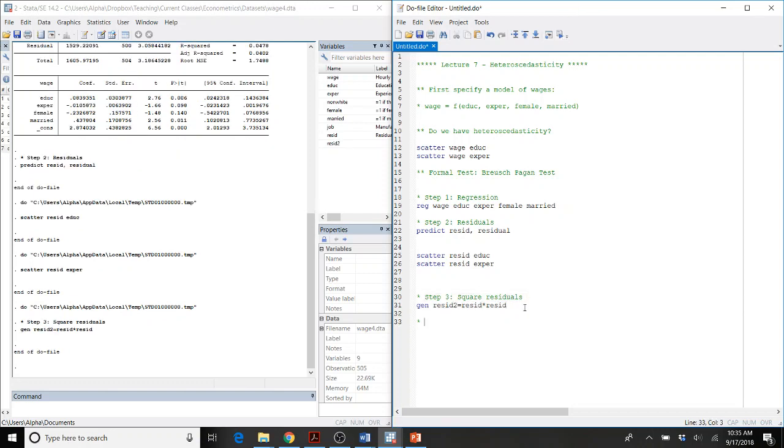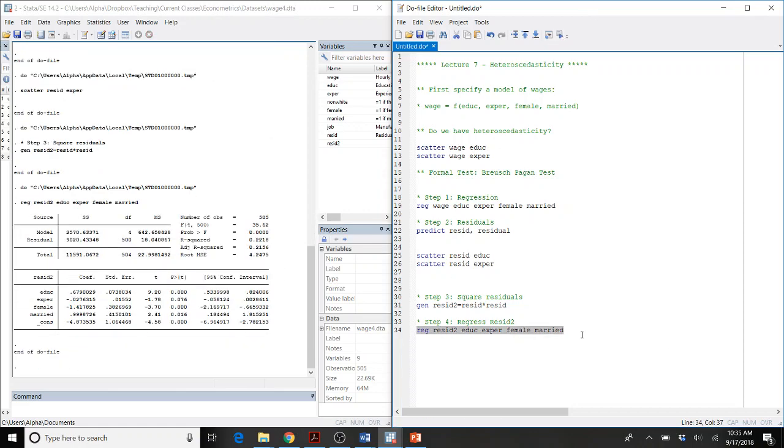All right, step 4, regress the squared residuals. So we're going to do resid2 regressed on our independent variables, experience, female, married, okay.